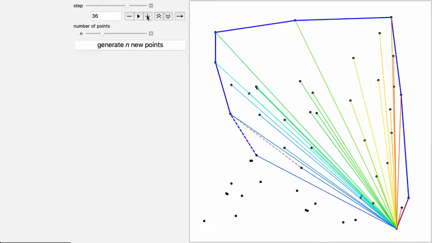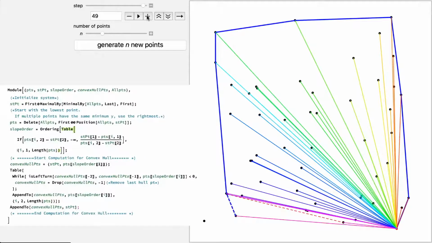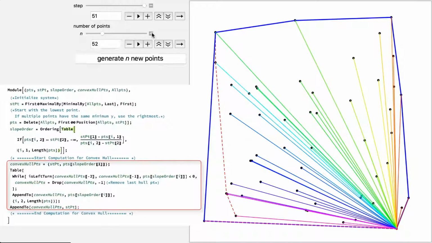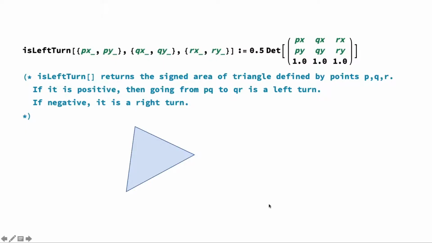The code is pleasantly simple, and you can see the stack operations for stepping through the sorted points here. We use the function isLeftTurn, which returns the signed area of a triangle defined by the points P, Q, and R. If the area is positive, then going from PQ to QR is a left turn.